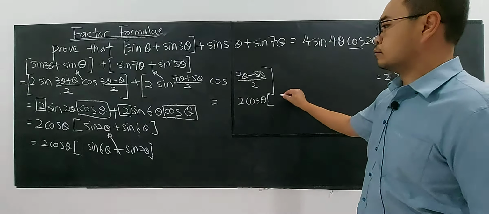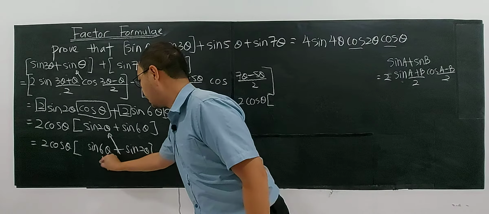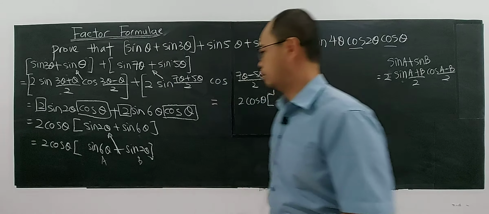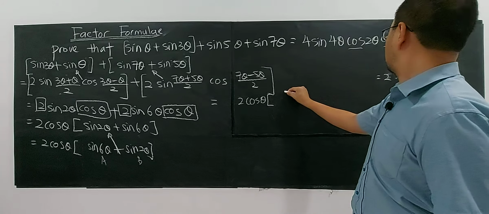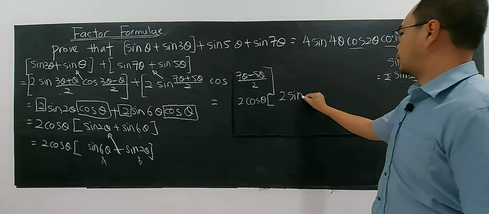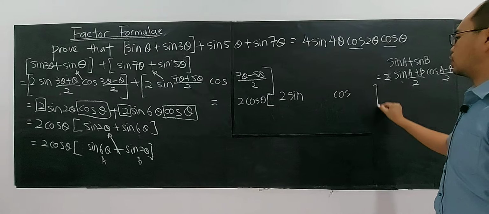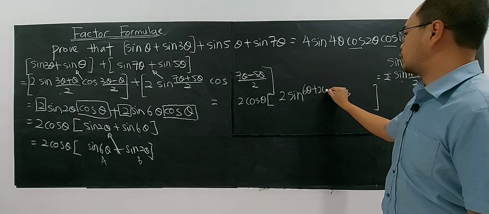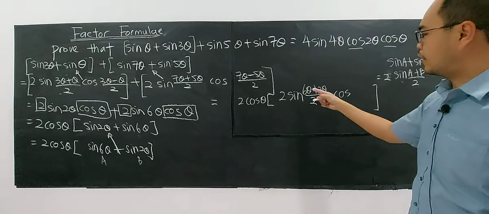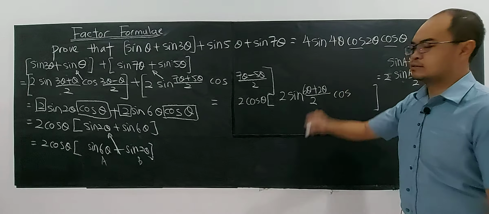So now this is your A and this is your B, right? Apply this formula again. So 2 sine, cos. You have 6 theta plus 2 theta over 2, 8 over 2, 4, right? You can see that.